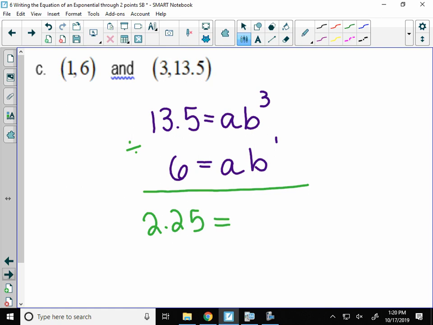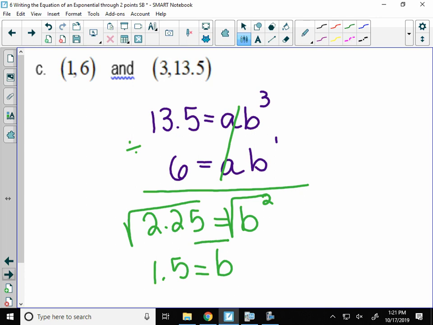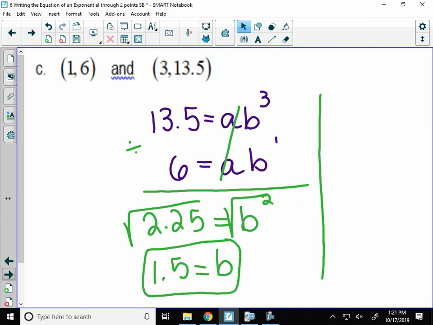All right, the a's cross off, and what happens to my b's? B squared. Then I take a square root. What's b? 1.5. All right, not a bad number there. Now, which ordered pair do you like better to solve for a? I would use 1, 6. I think that's a better one. No decimal.